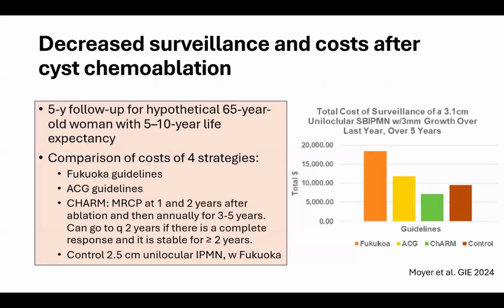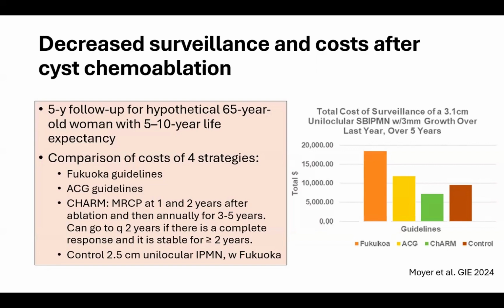The same group also published recently their 5-year follow-up, and they conducted models just to evaluate the cost effectiveness of being in a protocol of the CHARM trial, in which they would do an MRCP at 1 year and 2 years, and then annually for 3 to 5 years, but could go to every 2 years if there's a complete response of the cyst.